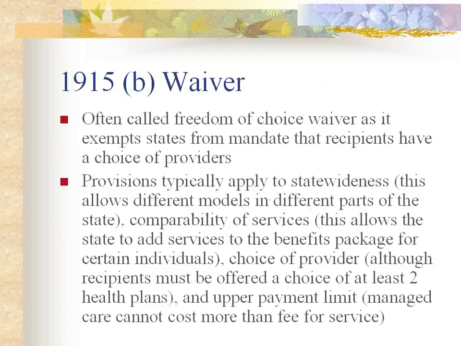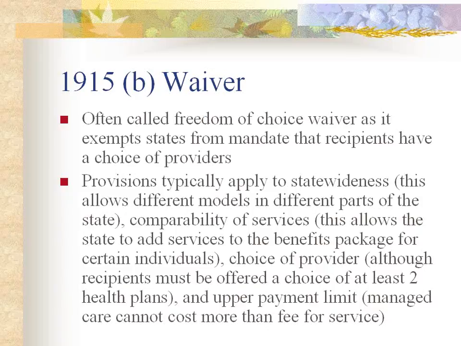So, first waiver, a 1915B waiver, is often called a freedom of choice waiver, as it exempts states from mandates that recipients have a choice of providers. So what one of the Medicaid rules says is that everybody in your state who participates in your Medicaid program, or Medi-Cal in our case, has to have freedom of choice in terms of providers.